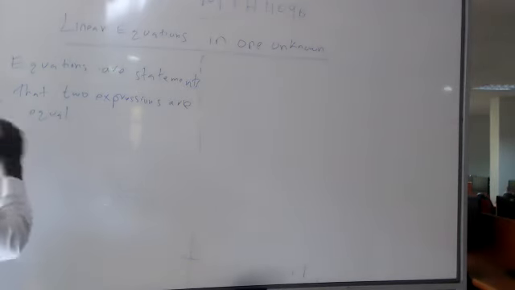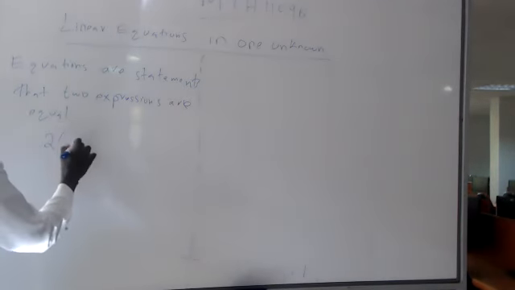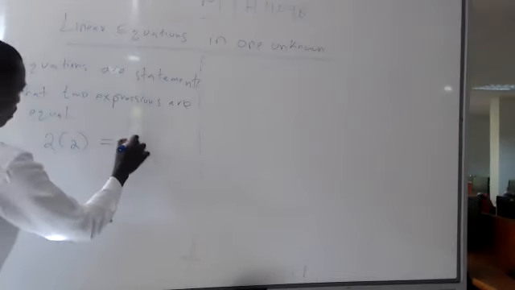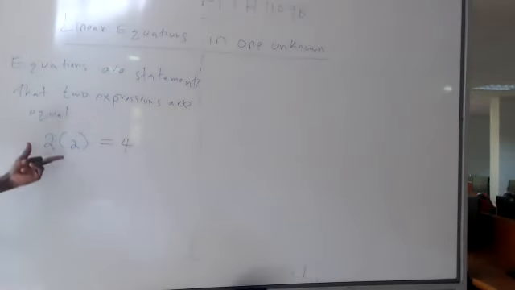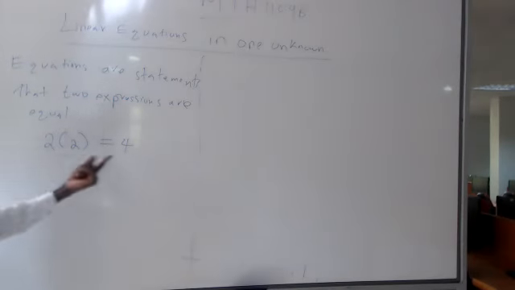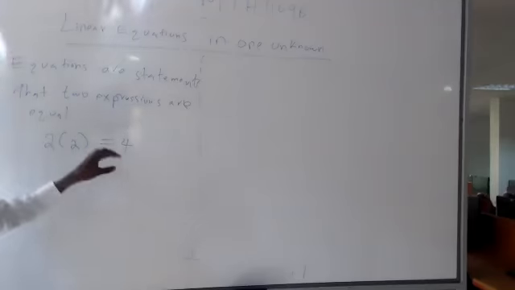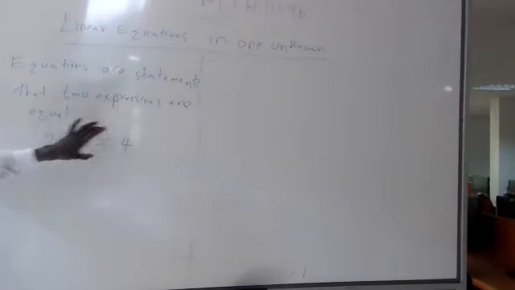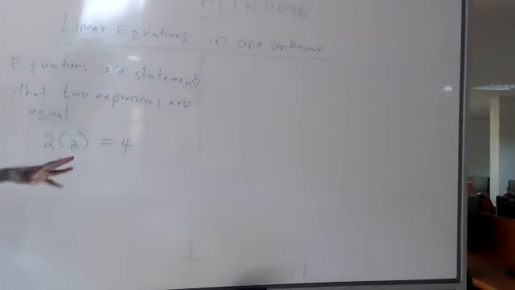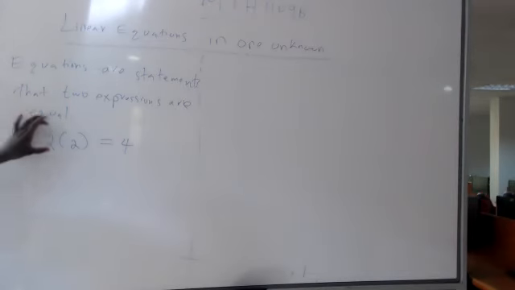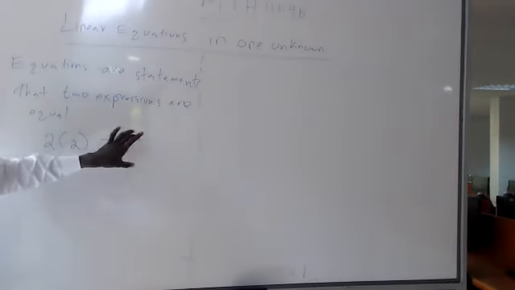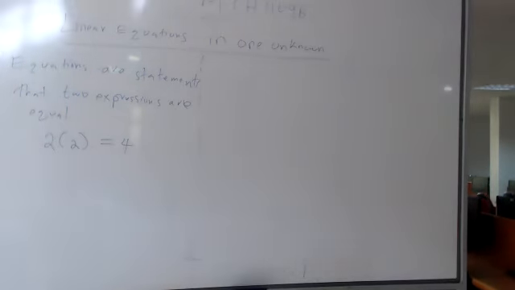So for example, you can say that 2 times 2 is equal to 4. So 2 times 2 is the first expression, 4 is the second expression. We use that equal symbol to mean that the left-hand side and the right-hand side are one and the same thing, or identical.